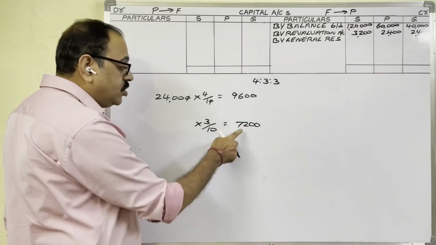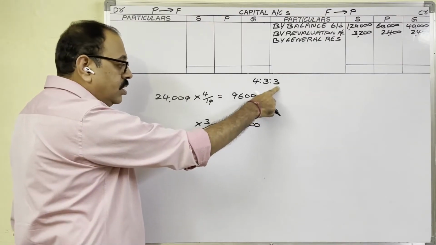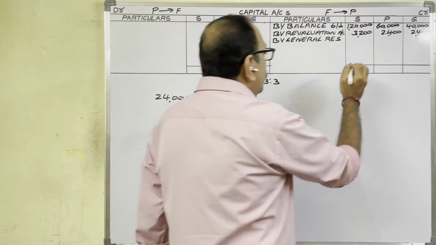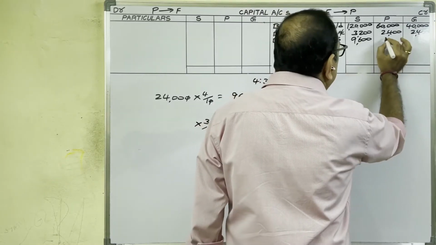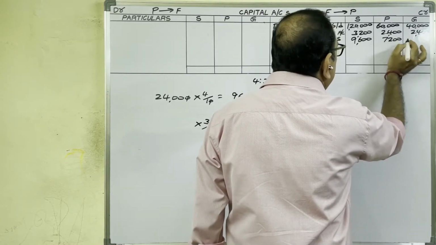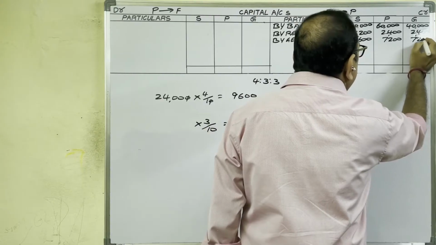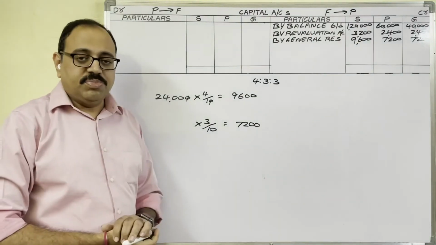For the third person also the same, because the same ratio. Write down these 3 amounts here: 9,600, 7,200 and 7,200.